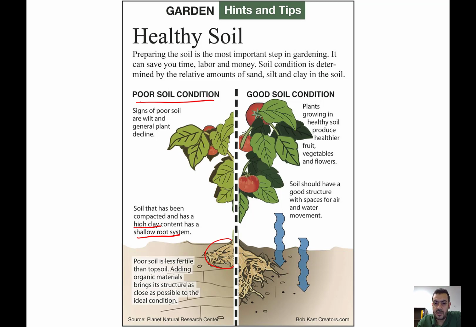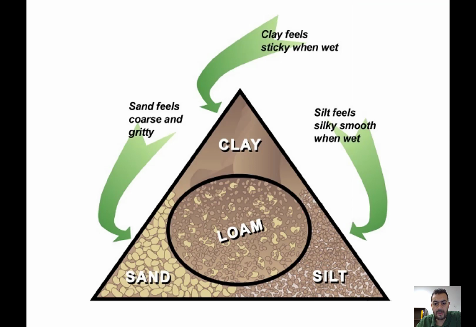On the other side, a good soil should have good structure and spaces for air and water movement. But these spaces shouldn't be too big because water will infiltrate too much and we will lose it. So a mixture of the three different types, which is the loam, would be the most fertile one.